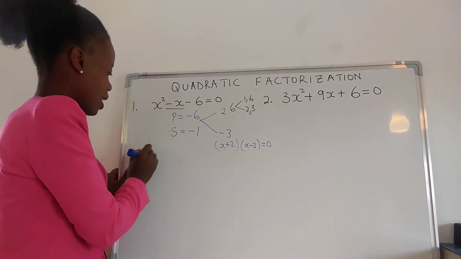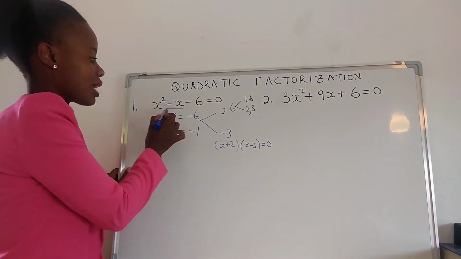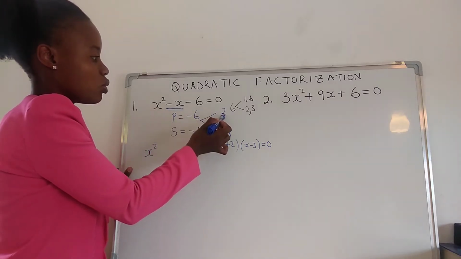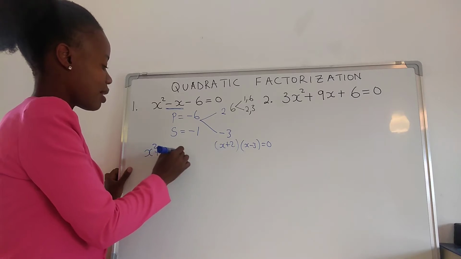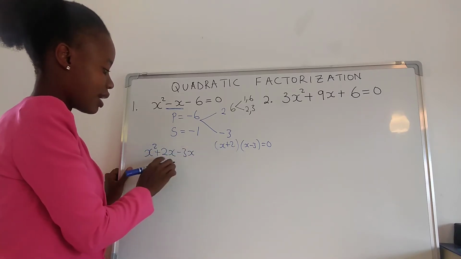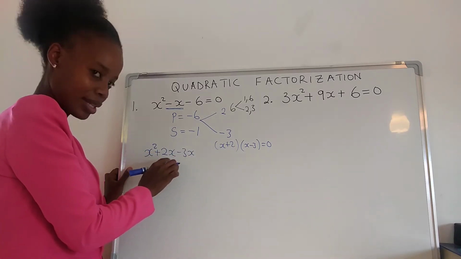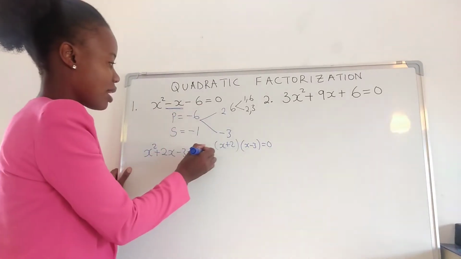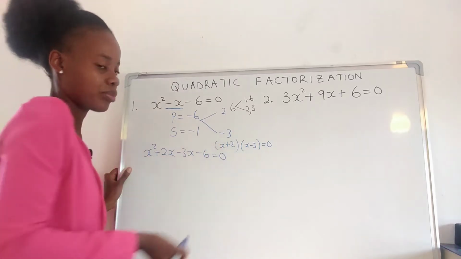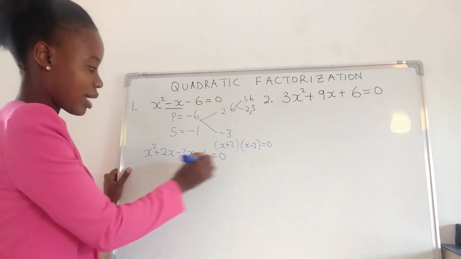So we're going to have x squared. Instead of writing negative x, we're going to use this one and this one. We're going to say plus 2x minus 3x. 2x minus 3x is negative x, right? And then minus 6 is equals to 0. We factorize this.